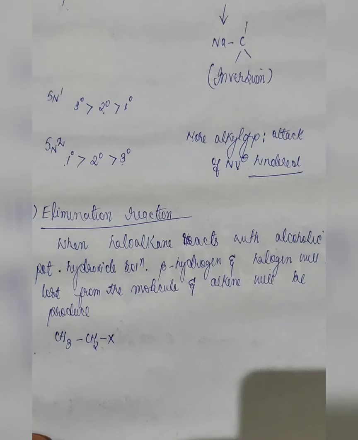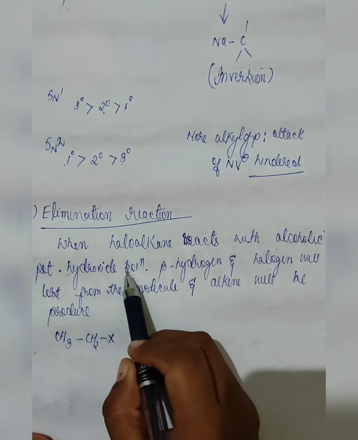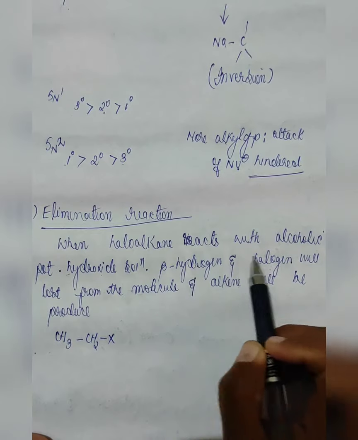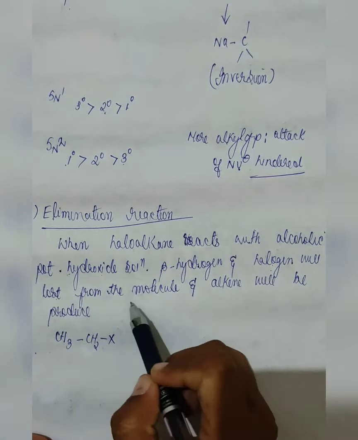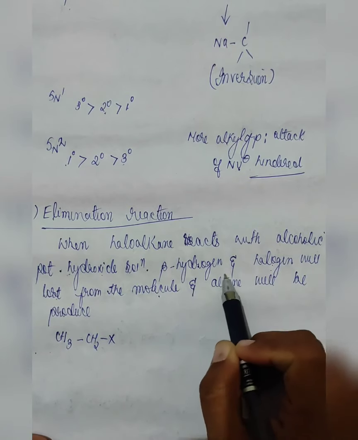Now let us see the third type, elimination reaction. In this reaction, when haloalkane reacts with alcoholic potassium hydroxide solution, KOH, beta hydrogen and halogen will be lost from that particular molecule, and as a result we will get an alkene.